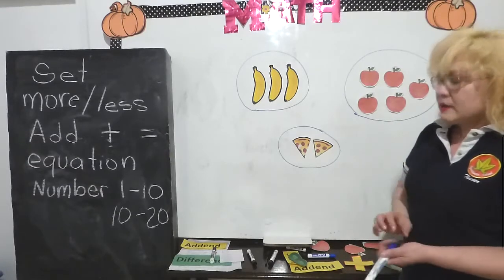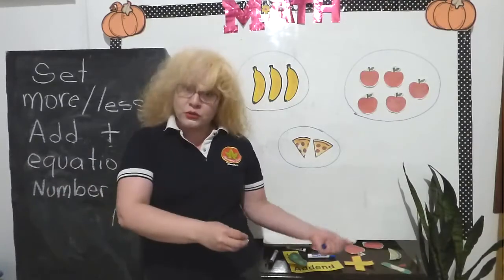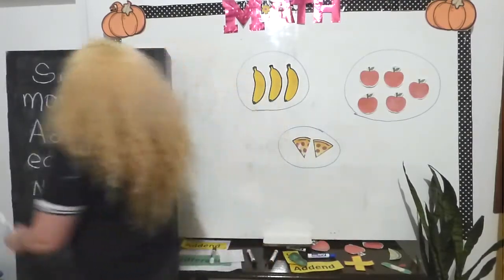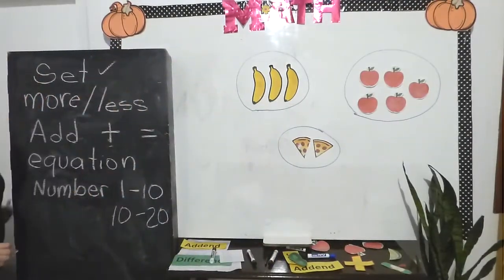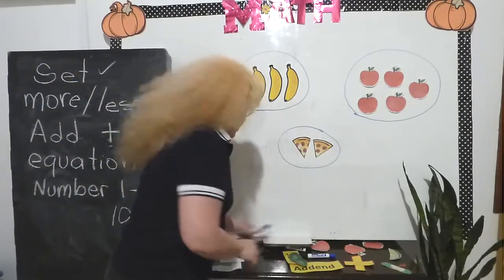That's a set. You made a set of toys, cars or dolls or stuffed animals. So you understand the meaning of set, right? I have a set of markers here.